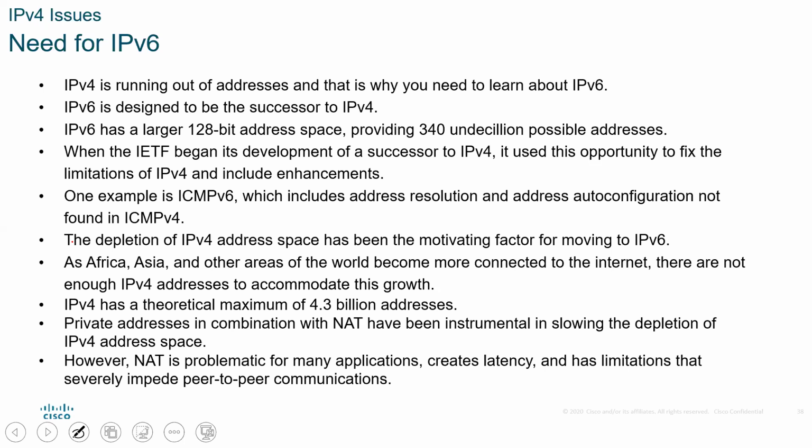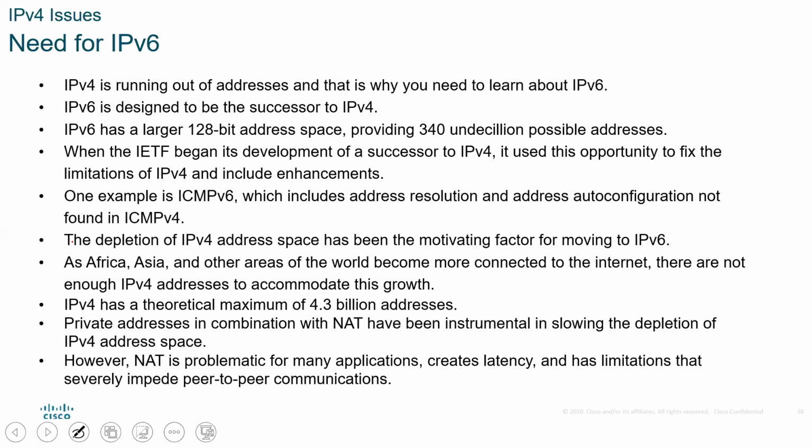IP version 4 provides its own in billions, but this one is in undecillions. It's many times bigger. When the IETF, meaning Internet Engineering Task Force, began its development of a successor to IP version 4, it used this opportunity to fix the limitations of IP version 4 and include enhancements.